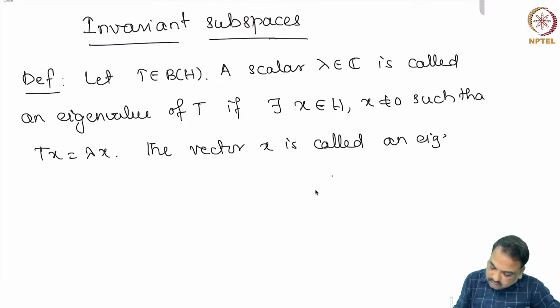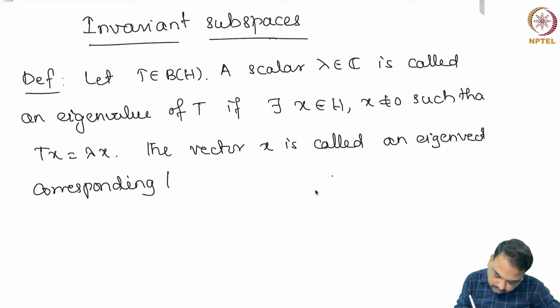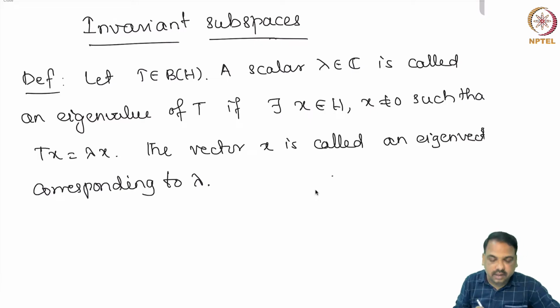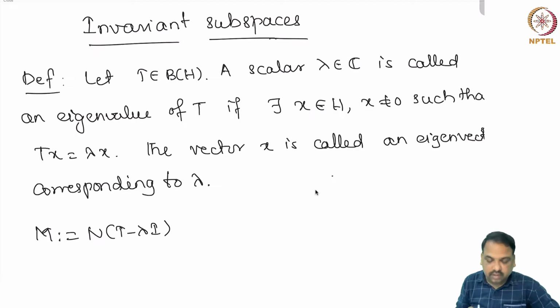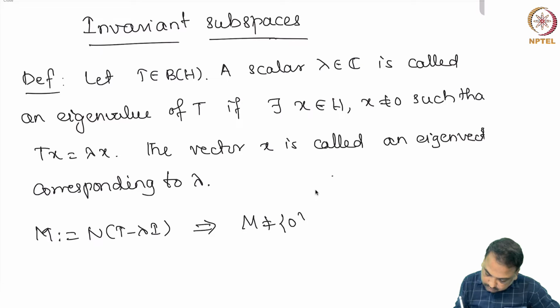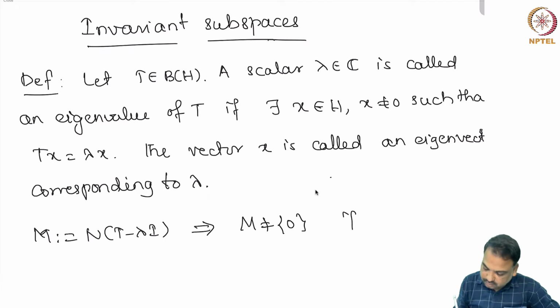So if lambda is an eigenvalue, let us take M as the null space of T minus lambda I. Lambda being an eigenvalue implies this space is non-zero.